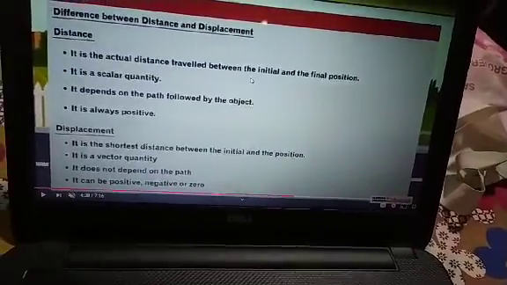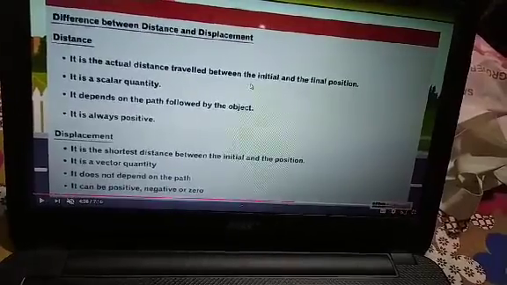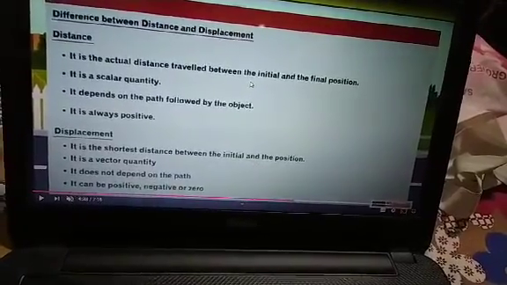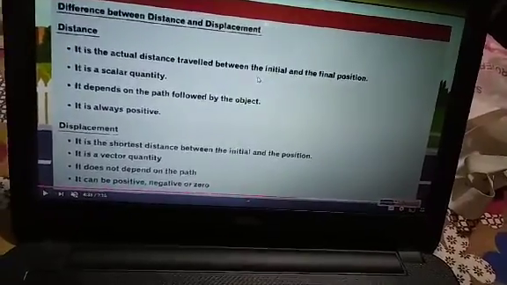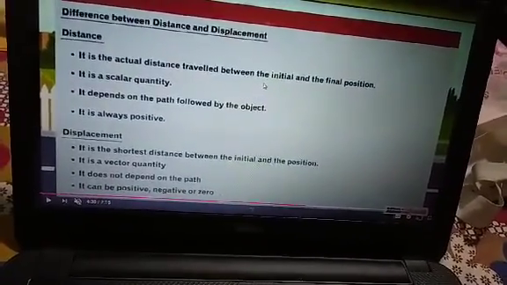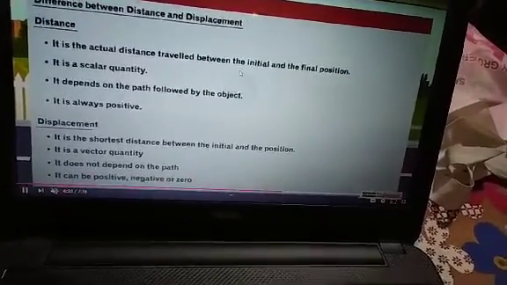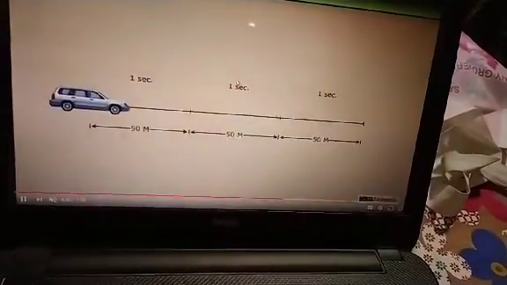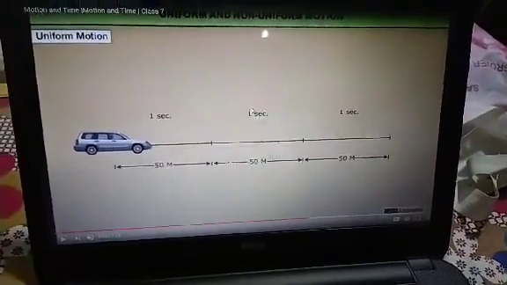Okay, what does it actually mean? It does not depend on the path, that is, on what path the object actually covered. It is because it is the shortest distance, and the displacement can be positive, negative, or 0. So these are the differences between displacement and distance.